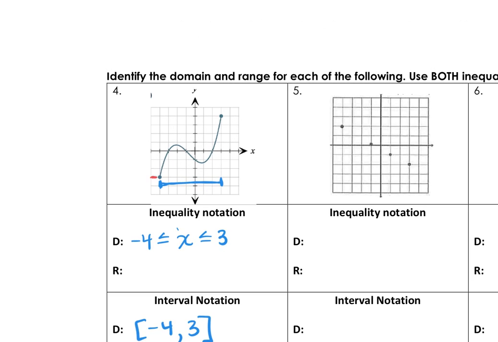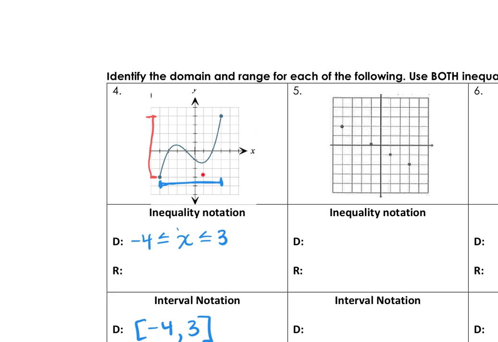And then the highest point happens to be that endpoint that we have on the other side. So vertically, the possible y values are going to be anything as low as -3 or as high as 4. And the y values can be anywhere in between that because this is continuous.